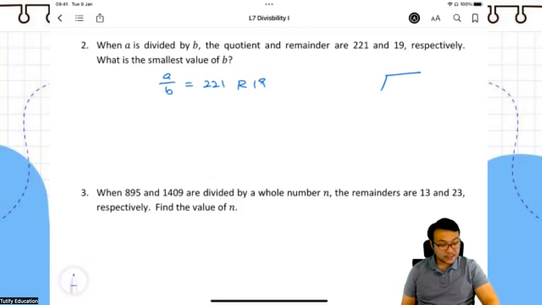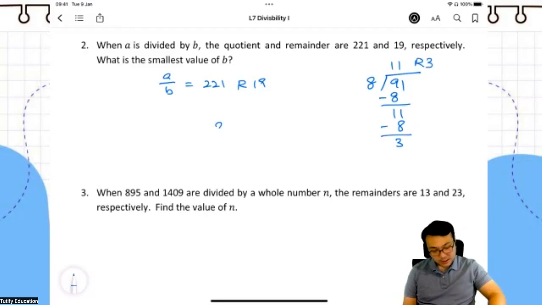Why don't I take the number, let's say the number 91, and I divide it by the number 8. What is the quotient? 8 times 1 equals 8. So you minus 8. You bring down the number 1, it becomes 11. 8 times 1 minus 8. And we have a remainder 3.